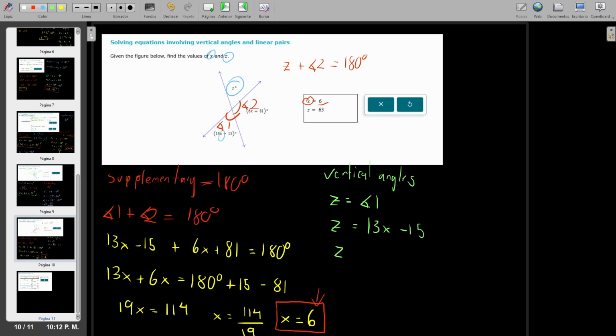We substitute, in this case x is 6, so 13 times 6 minus 15. c is going to be, how much is 13 times 6? 78 minus 15, and c is going to be 63.